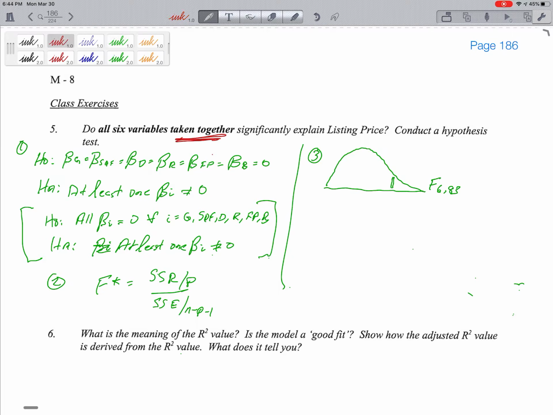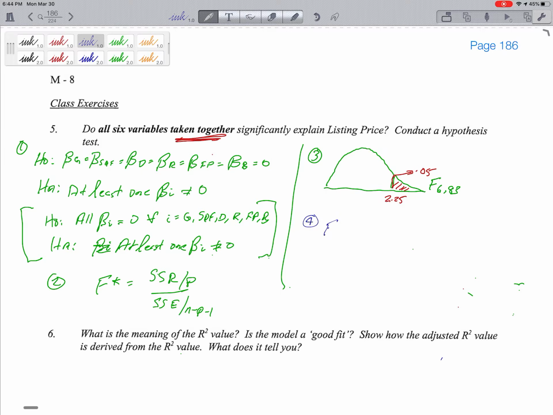Always an upper tail F test. So if you look under the 5% table, 6 degrees of freedom for the numerator and 83 for the denominator, you're going to get something exciting, 2.25.